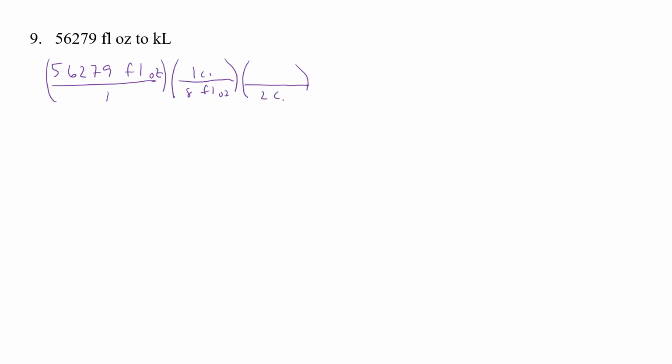Well, there's 2 cups in 1 pint. And then there's 2 pints in 1 quart. And then there's 1.06 quarts in 1 liter. And then after that, we'll have our liters, and then we can move decimal places to kiloliters. So I think that's what I'm going to do.